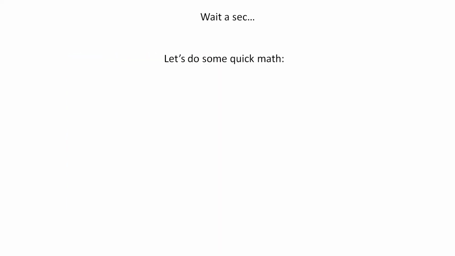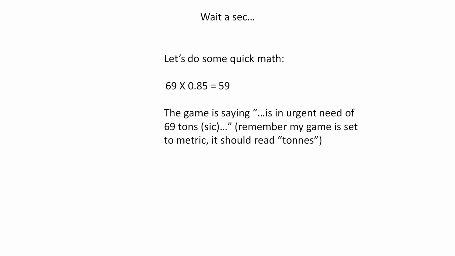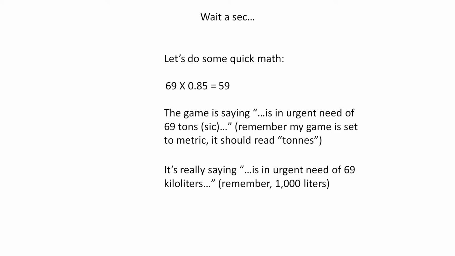Let's do some quick math. So 69 tons at 85% complete means we dropped in 58.65 tons, or approximately 59 tons. So the game is saying it's in urgent need of 69 tons of wheat. I have a feeling what they're really saying is we're in urgent need of 69 kiloliters of wheat.